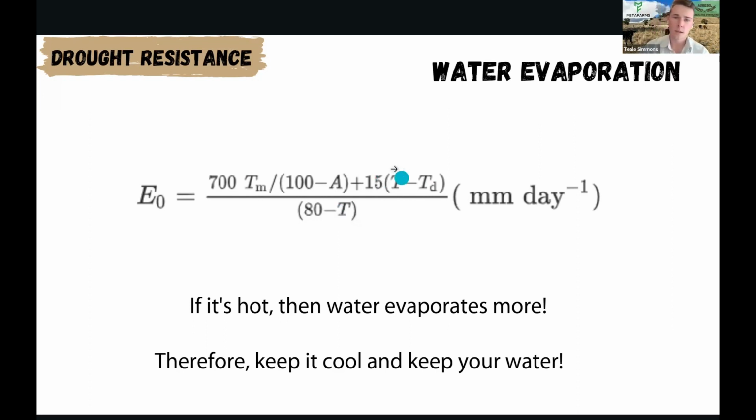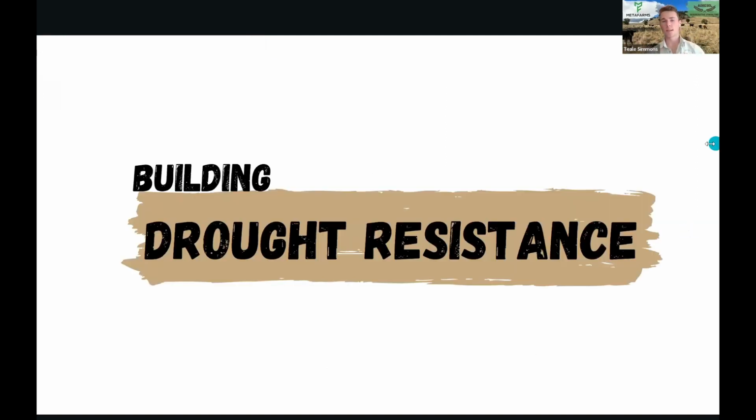When the temperature increases, effectively evaporation is going to increase too. So when it's hot, water evaporates more. Therefore, if we can keep our soils and water cool, we keep more of our water. Now, this kind of makes sense. If we have a hot day, puddles are going to dry up faster. It makes a fair amount of sense. So let's put all that together.